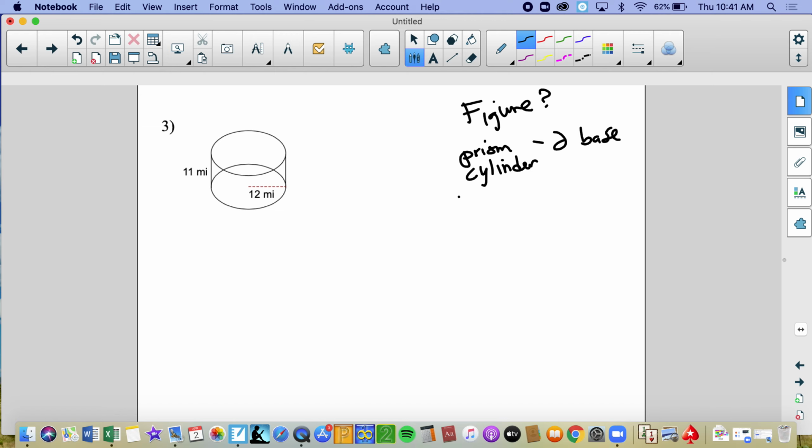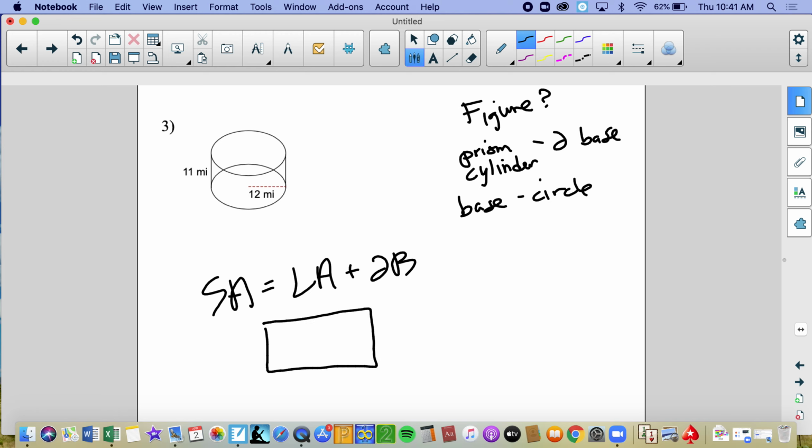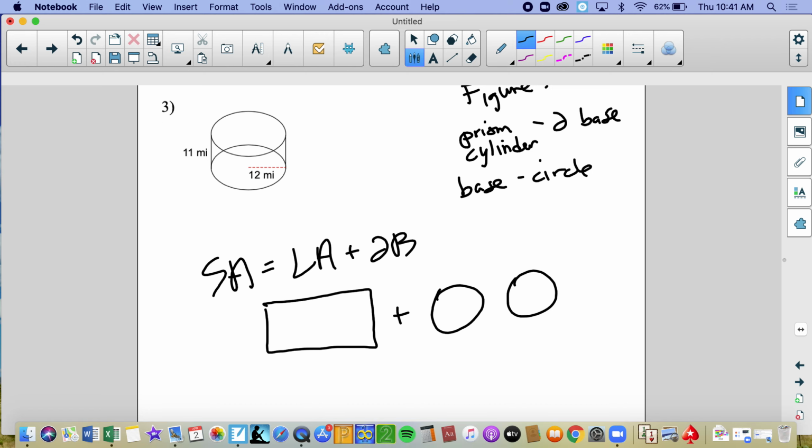The shape of the base is a circle. So we know that for any 2-base figure, the surface area is going to equal the lateral area plus 2 bases. The base shapes are circles.